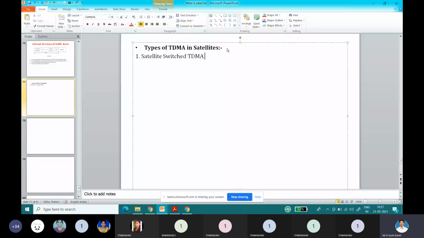It is known as SS TDMA. Second one is onboard processing. Okay. So these are the two that we have. We'll go with the first one to discuss.